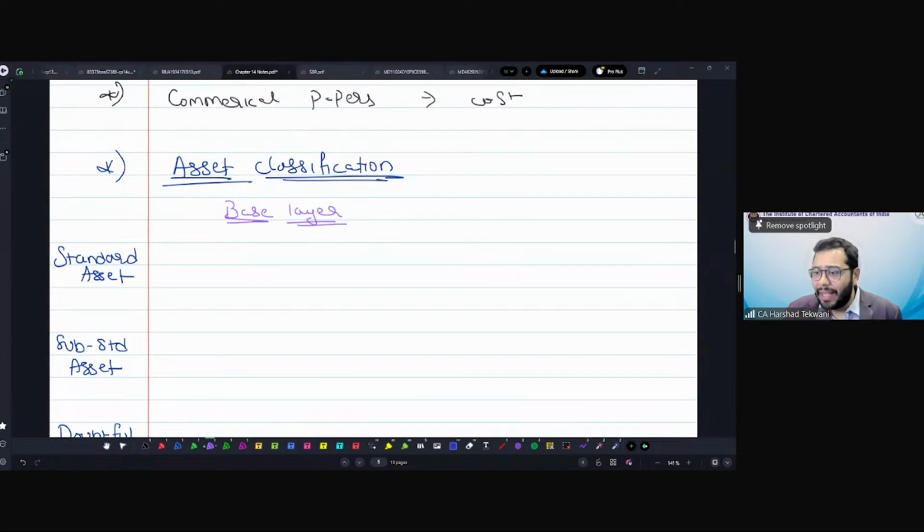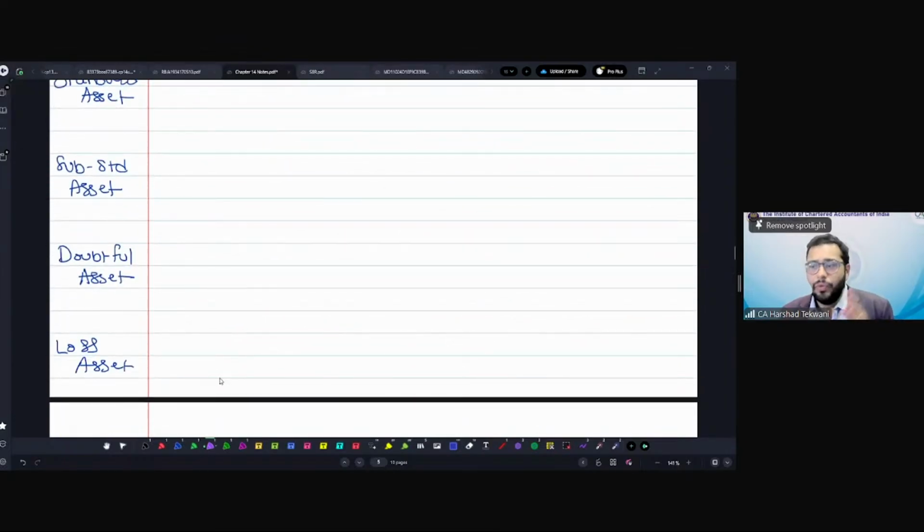Now for the base layer, I will start with the substandard asset. There's a specific reason for that. A substandard asset is an asset which is classified as an NPA for a period not exceeding 18 months, meaning NPA less than 18 months.